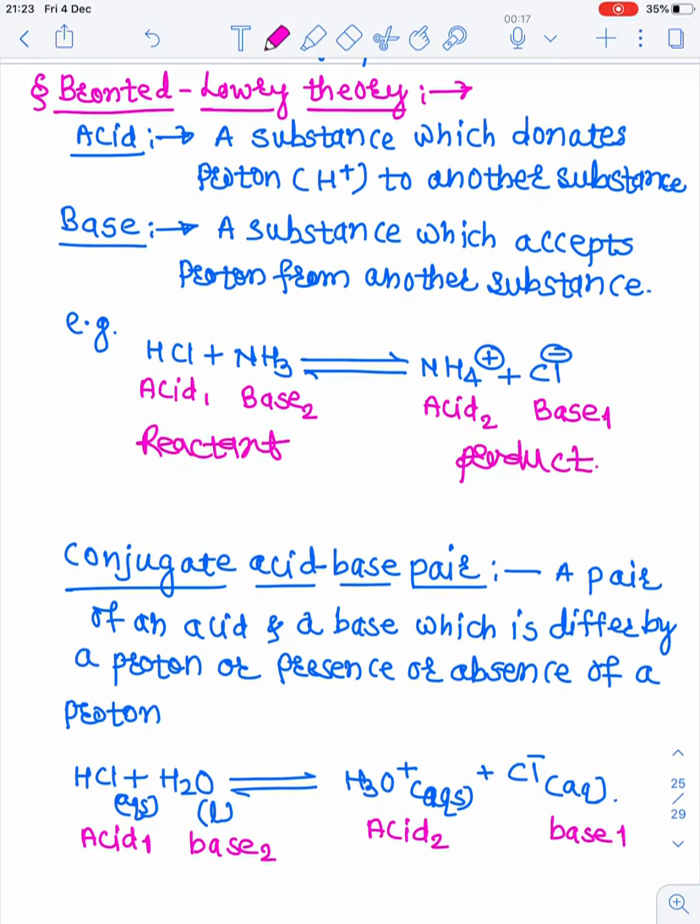In this reactant and product side, we can say that whenever acids and bases react, they again give acids and bases.